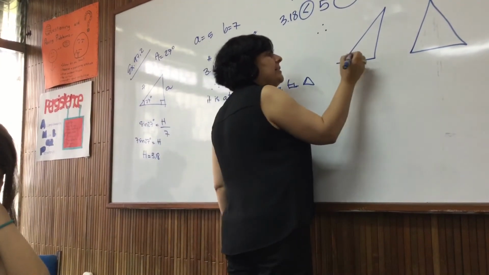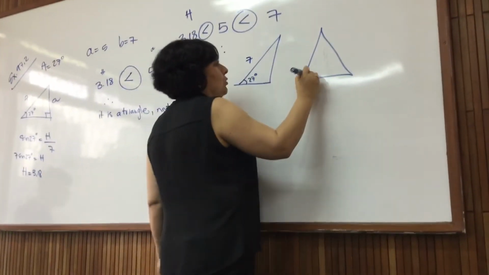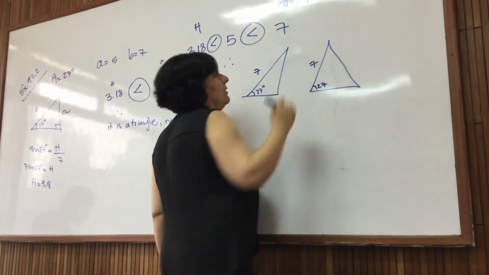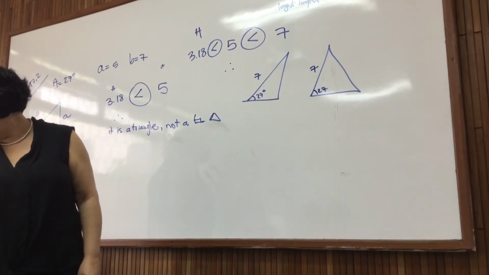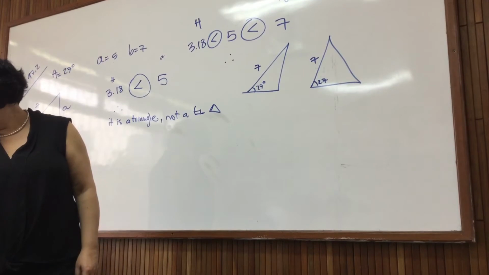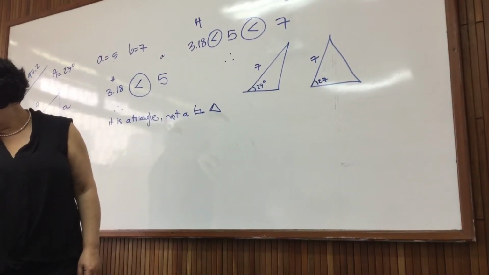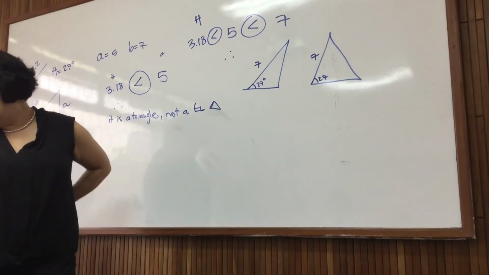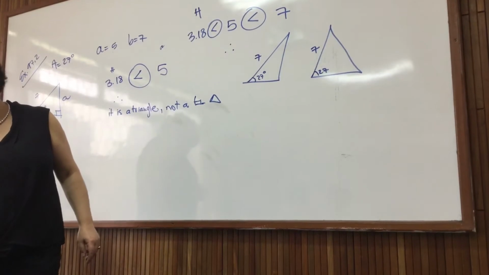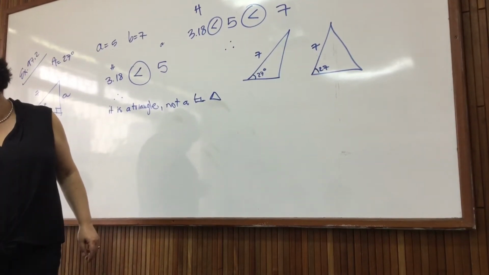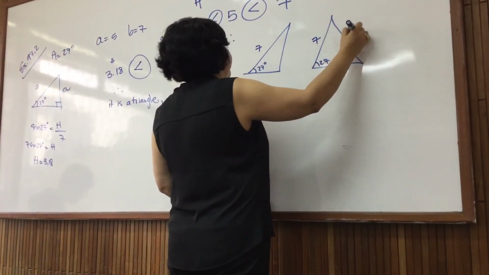This is 27. This is 7. And 3 and 4. Now, 5 and 5.